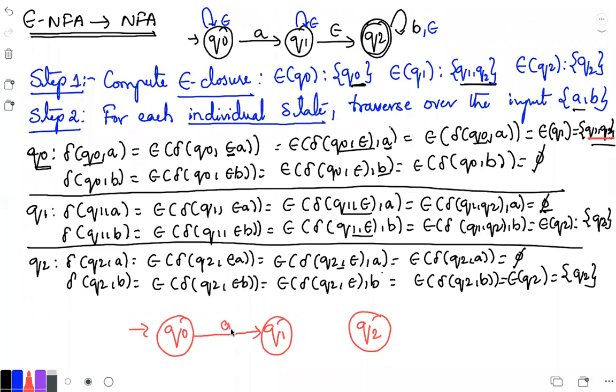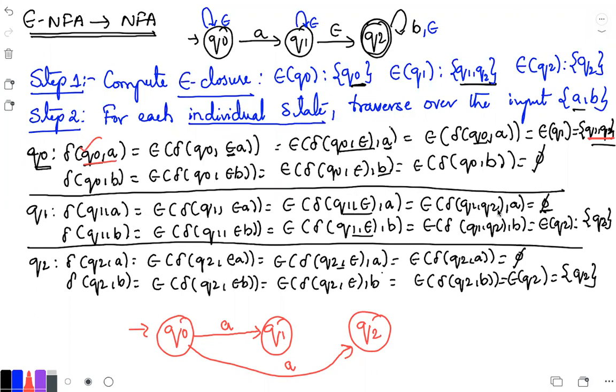So Q0 on A is Q1, and Q0 on A is also Q2, right? Everyone clear with this? Yes, sir. So Q0 on A, ultimately it is Q1, Q2. Now Q0 on B, nothing, leave it.